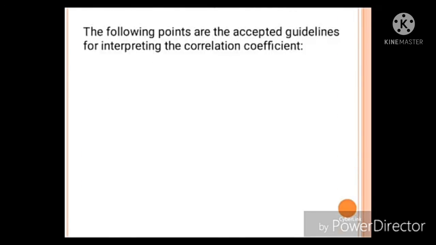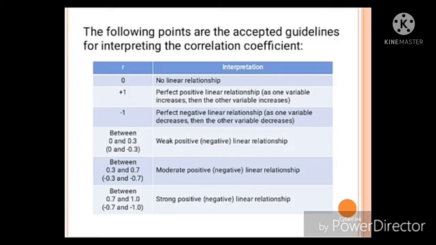The following points are the accepted guidelines for interpreting the correlation coefficient. As you can see, 0 means no linear relationship. The positive 1 is interpreted as a perfect positive linear relationship, while the negative 1 is interpreted as a perfect negative linear relationship.